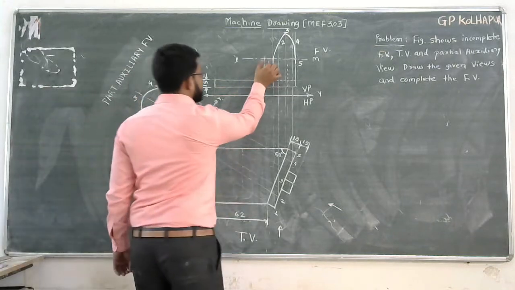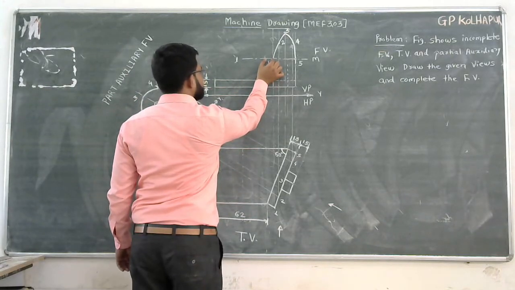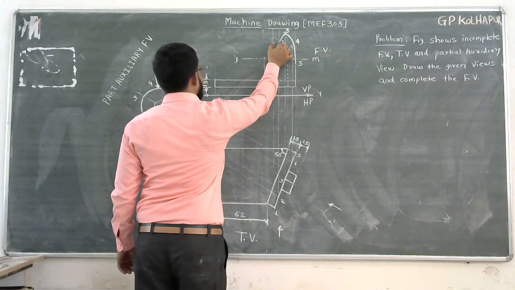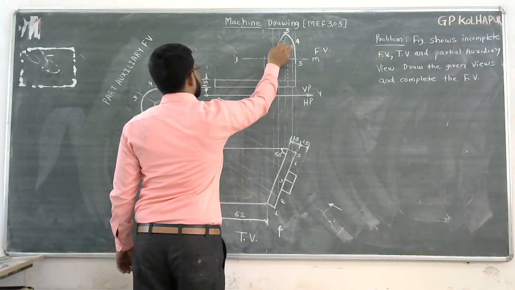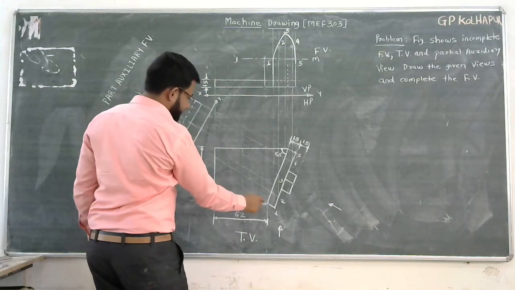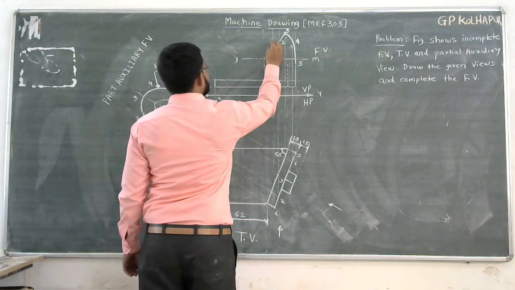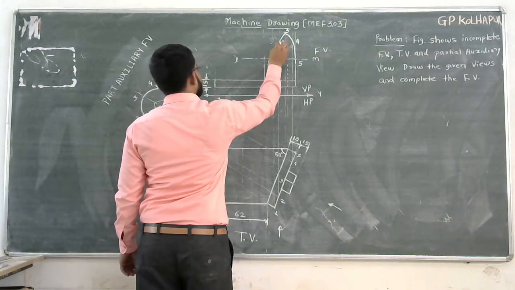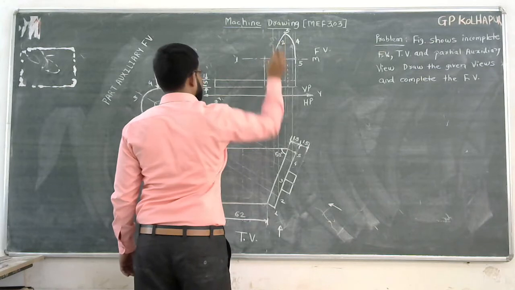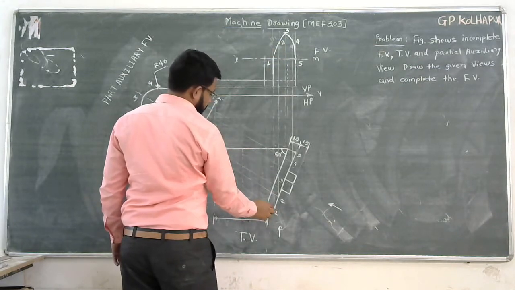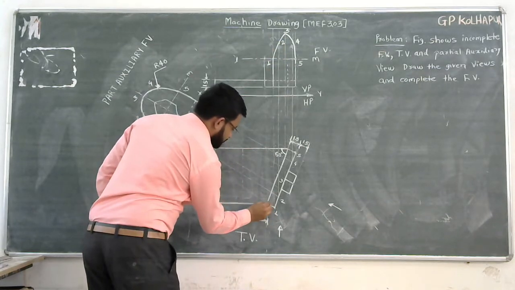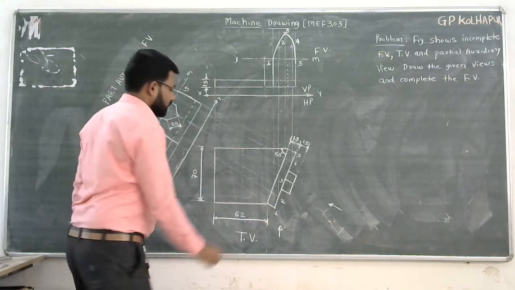Take this much distance, and at this same distance all the points will lie. So at this point, the back point is 1 dash. I can mark this 1 dash.